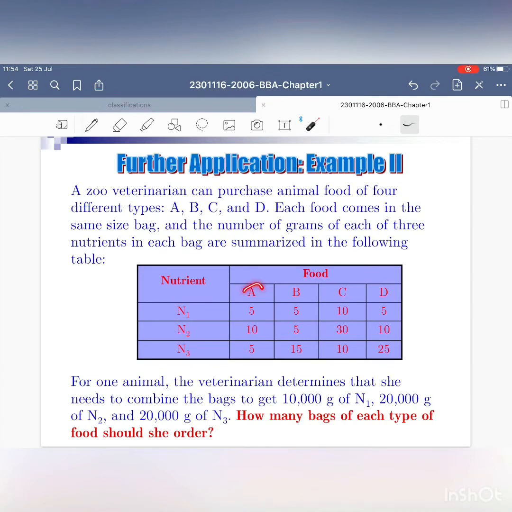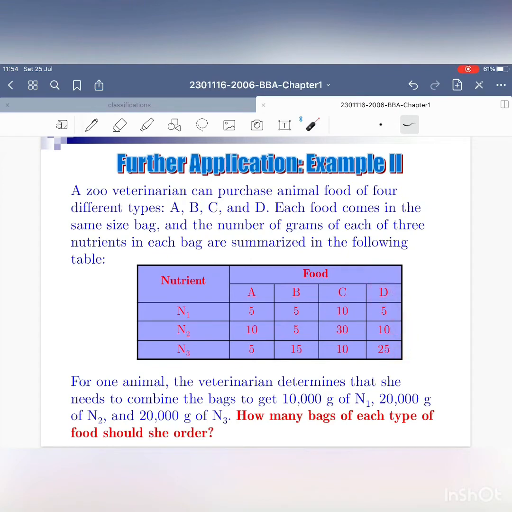For food A, they contain 5 portions of the first nutrition, 10 of the second, and 5 of the third. For food B, it is 5 of the first, 5 of the second, and 15 of the third. For food C, it is 10 of the first, 30 of the second, and 10 of the third. And for food D, it is 5 of the first, 10 of the second, and 25 of the third.